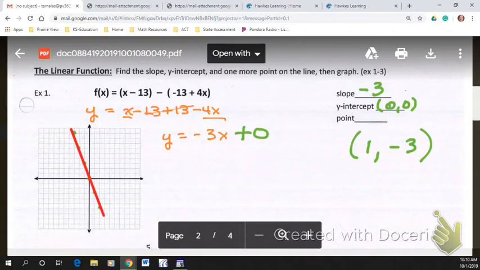Did the point we chose end up on that line? We said 1, negative 3. Sure enough, 1, negative 3 is on that line. Okay? We went up 3, left 1, or down 3 and right 1. One of your directions had to be negative. Does that make sense? Okay, everybody okay with example 1?